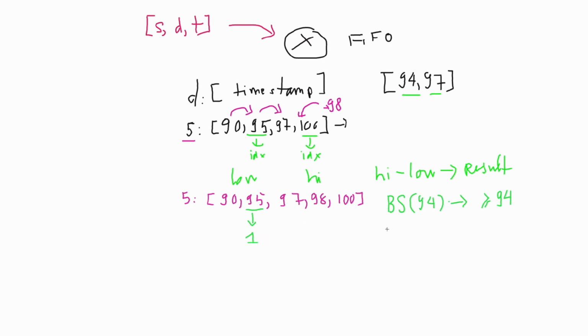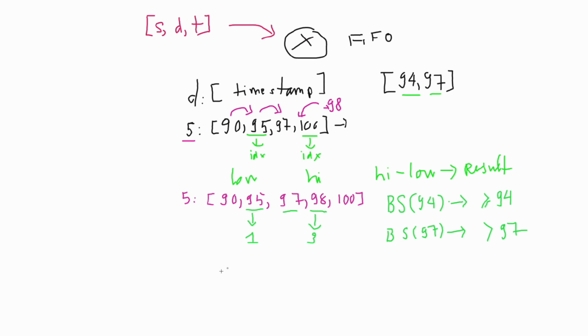We can do a very similar thing for 97. However, this time we relax the condition, so we only find the first number which is strictly greater than 97. What is the index of the first number greater than 97? That is 98, and its index is 0, 1, 2 and 3.